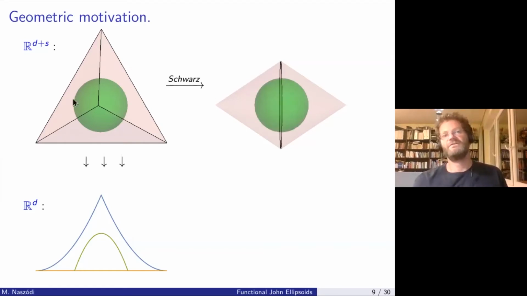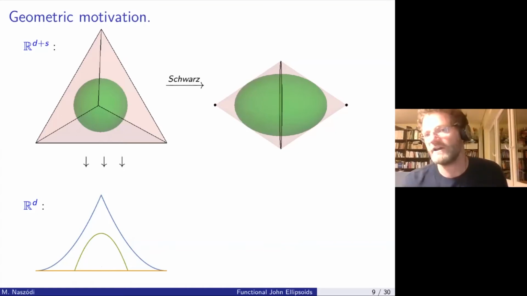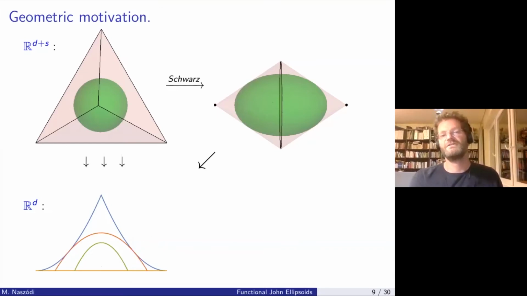Of course, when I do the symmetrization, the ball becomes the ball of the same radius, so nothing happens there. And so I will still see this ball inside my function. But now I may be able to take a bigger ellipsoid. So here's a bigger ellipsoid, and I can take the marginal of this bigger ellipsoid, this red marginal. And now that's nicer, that's bigger. By properties of the Schwarz symmetrization, if you have an ellipsoid, after Schwarz symmetrization, you get an ellipsoid.